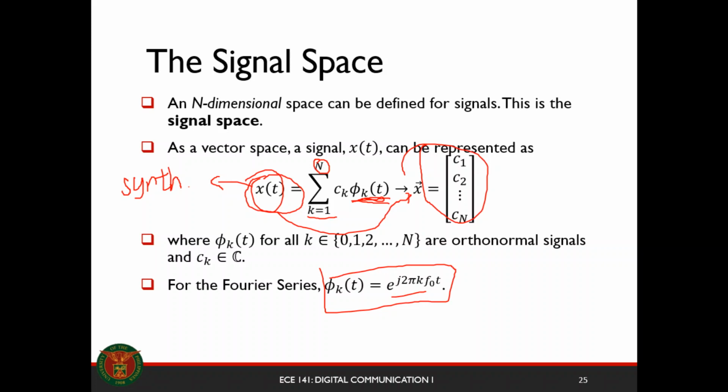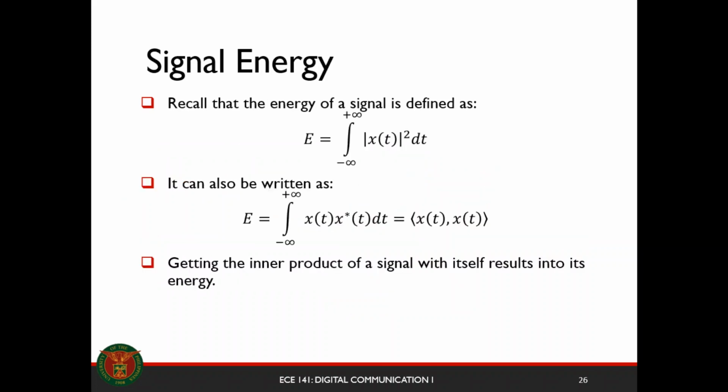Right? If we redefine the signals as such, what are the other interesting things that we can get? Signal energy. Recall that the energy of the signal is equal to the magnitude squared of the signal, and you get the integral of that. What if we get the inner product between the signal with itself, here and here?